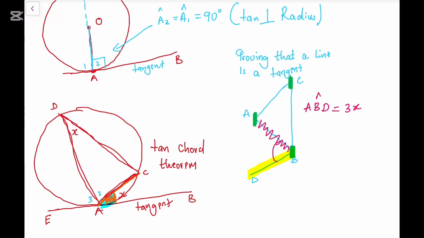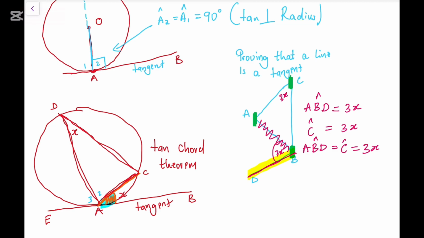So let's say for argument's sake, your angle ABD is 3x. If you also calculate angle C, and angle C is also equal to 3x, you will then say angle ABD is equal to angle C. They are both equal to 3x. So you can conclude and say this line is a tangent.